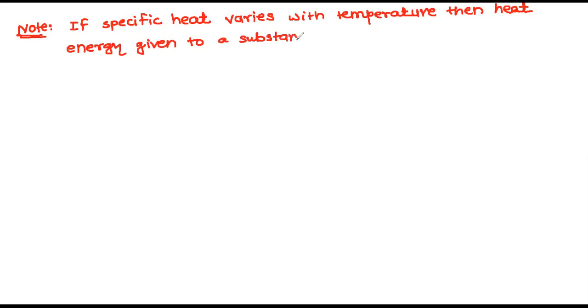How to find this? Because here specific heat is varying, it is not constant. If temperature is changing, specific heat is changing. Then in these cases, you have to use Q is equal to m integration of S d theta, with temperature changing from theta 1 to theta 2.